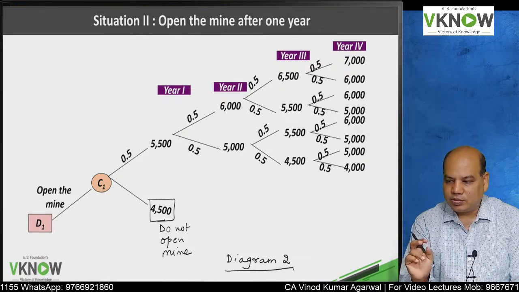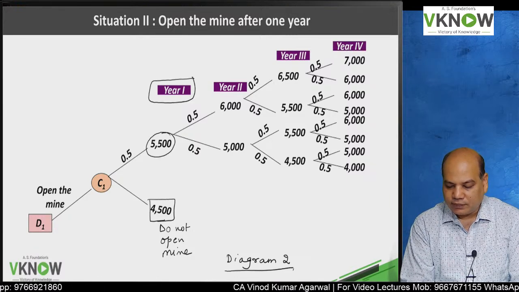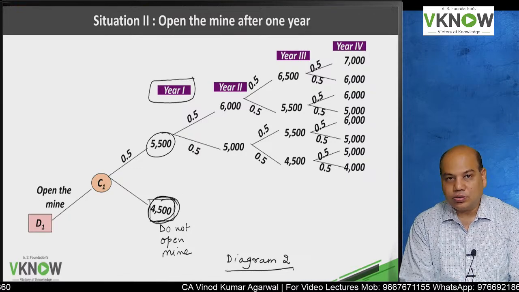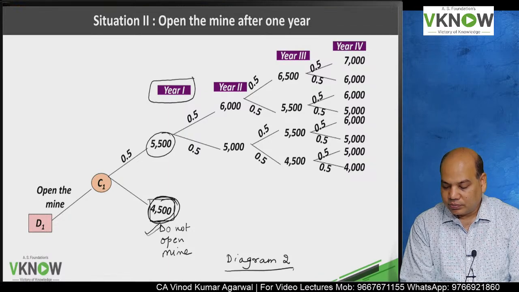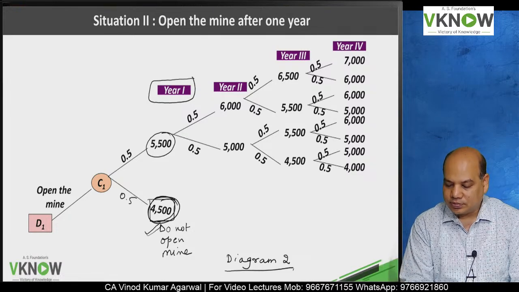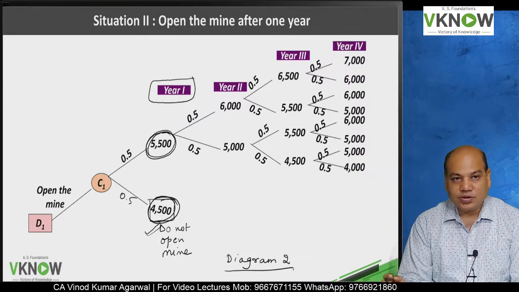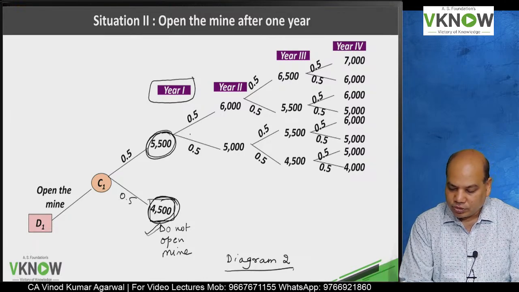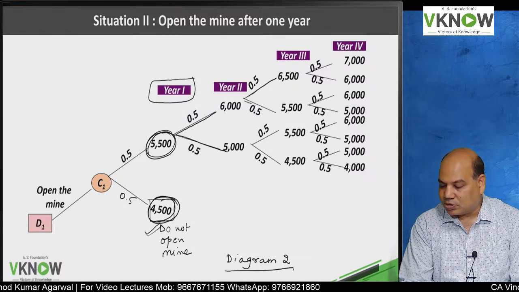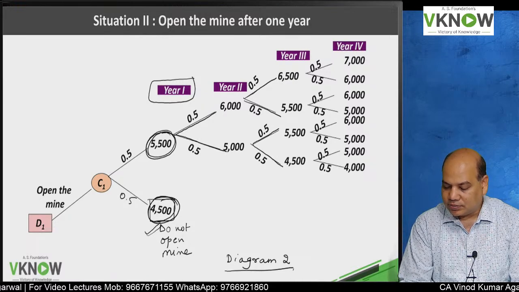I am going to explain one more time. We'll wait for a year. After a year, the price can be 5,500 or 4,500. If it is 4,500, I will not open the mine because the extraction cost is more than the expected price. If it is 5,500, I will at least do the calculation and see whether NPV is positive or not. So from here the price can be 6,000, 5,000, 6,500, 5,000, 5,000, 4,500, like this.